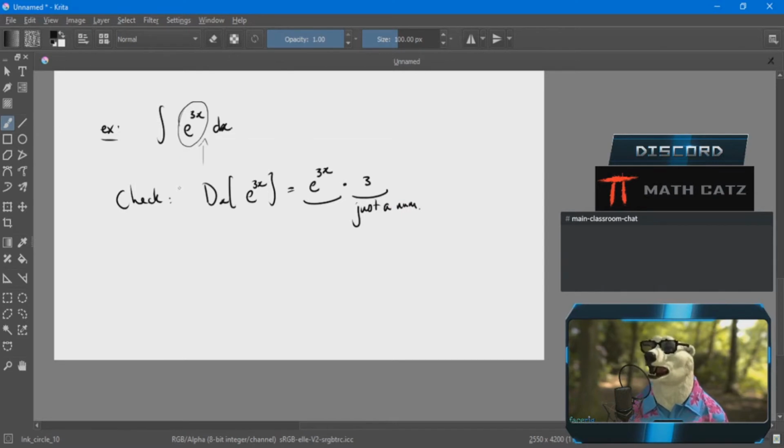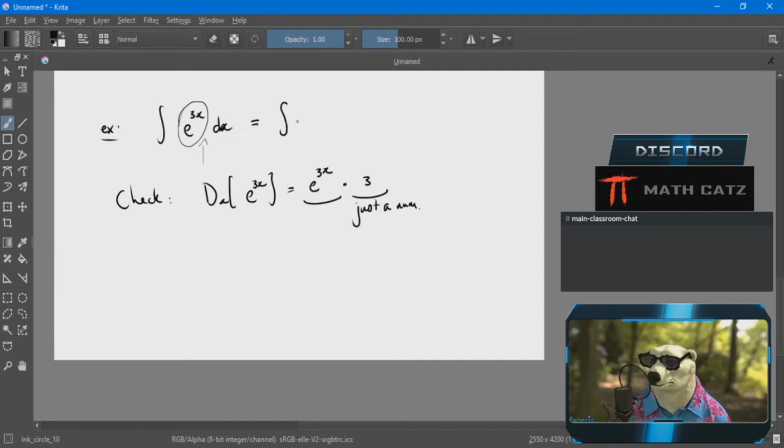Now we could go the same route as the reverse power rule, and there definitely is more than one way to go here, but to be consistent, I want to go this way, the following. I want to see both parts of the chain rule in my integral portion.